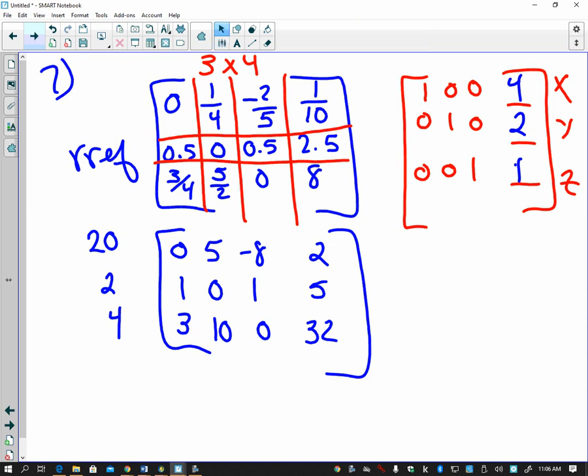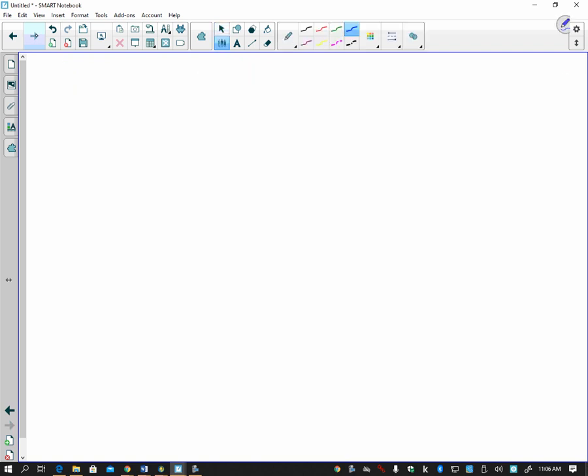All right. We're ready for 11? Number 11 looks like a proof. They give you a picture.